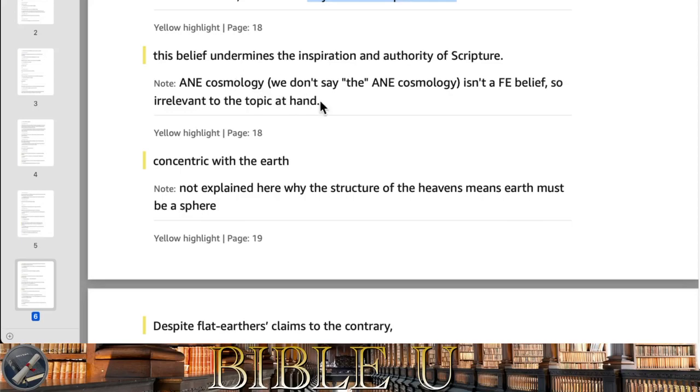But he said, secondly, this belief undermines the inspiration and authority of the Bible, of Scripture. I don't know how it does. Because what does anything a flat earther said do to undermine the Bible? If anything, it's more supportive of the Bible. And again, we get into who's being more literal than thou again, with Genesis 1.